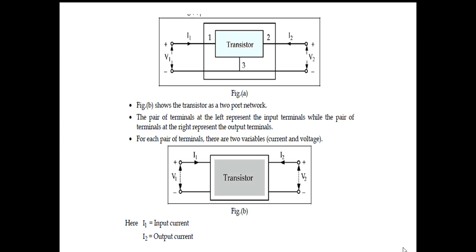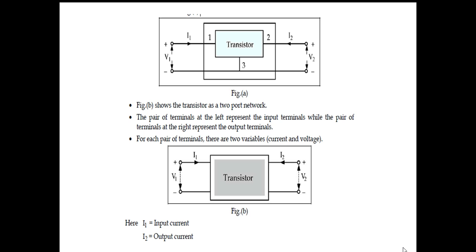As I just told, in common base, common emitter or common collector, the three terminals now become four terminals. Among these four, two terminals are taken as input terminals and the other two terminals are taken as output terminals. Therefore, now the transistor becomes a two-port network.